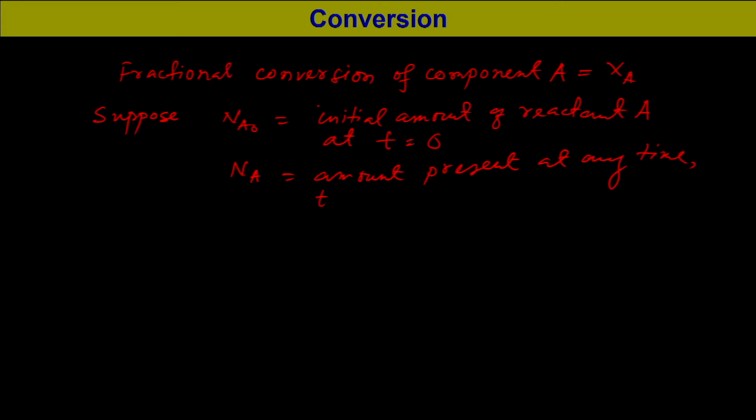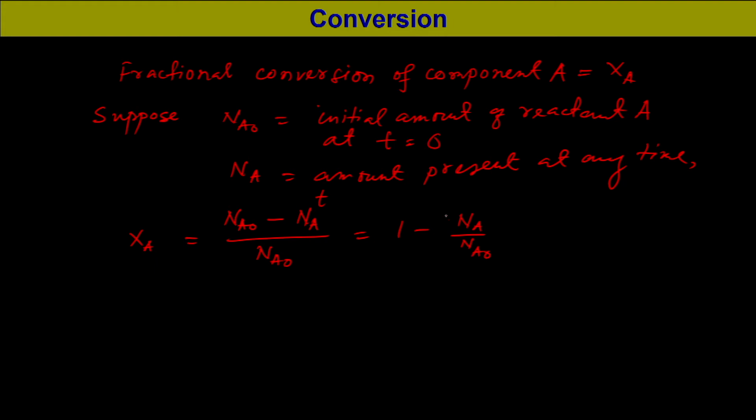So, we can write the conversion for a constant volume system, that is XA would be the initial amount minus the amount present after time t divided by the initial amount. So, this we can write as 1 minus Na by Na naught.